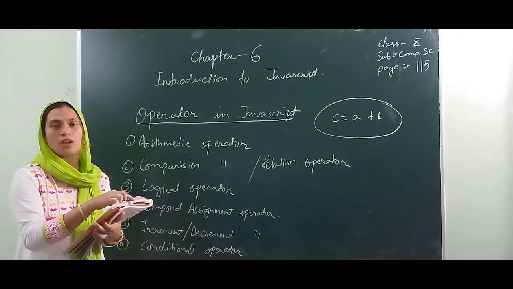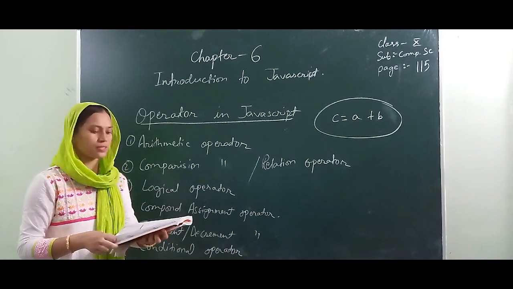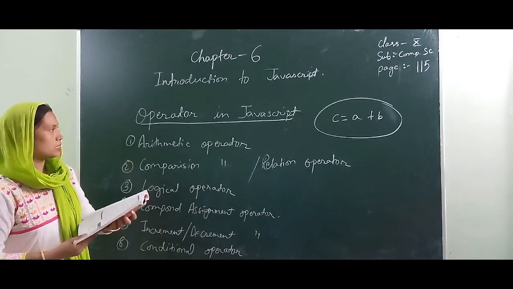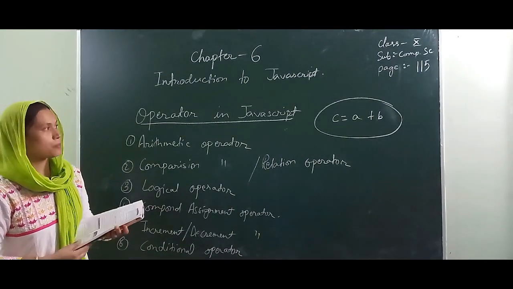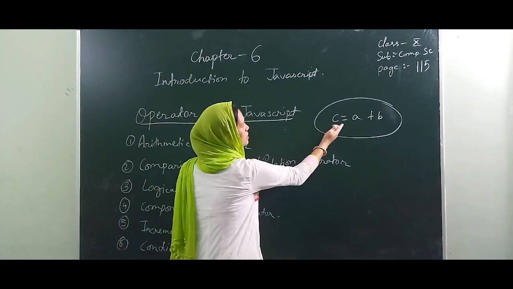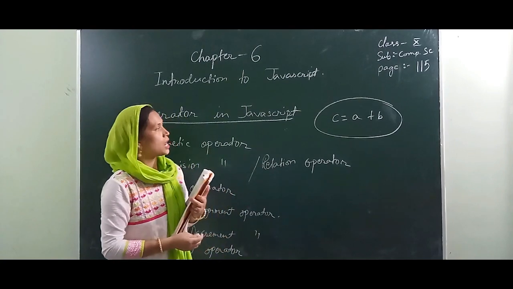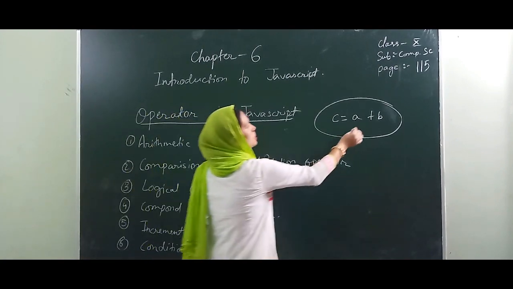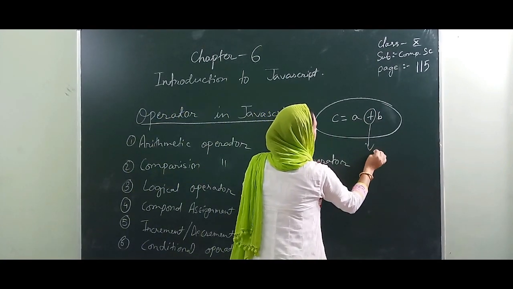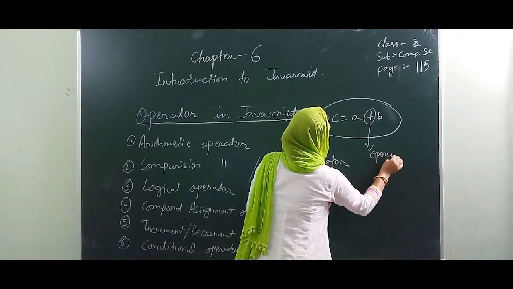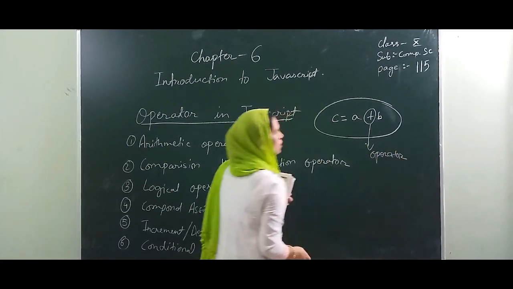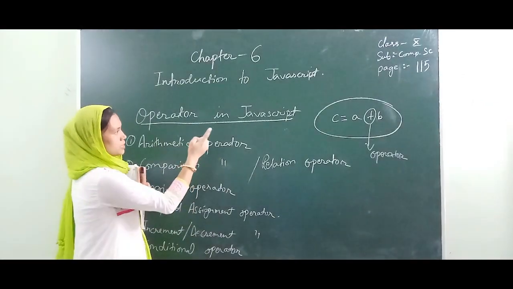All these operators we have already learned in class 9 in C programming. Just let's go through it. Suppose an expression is here, C is equal to A plus B. Out of this, the plus symbol is known as an operator.